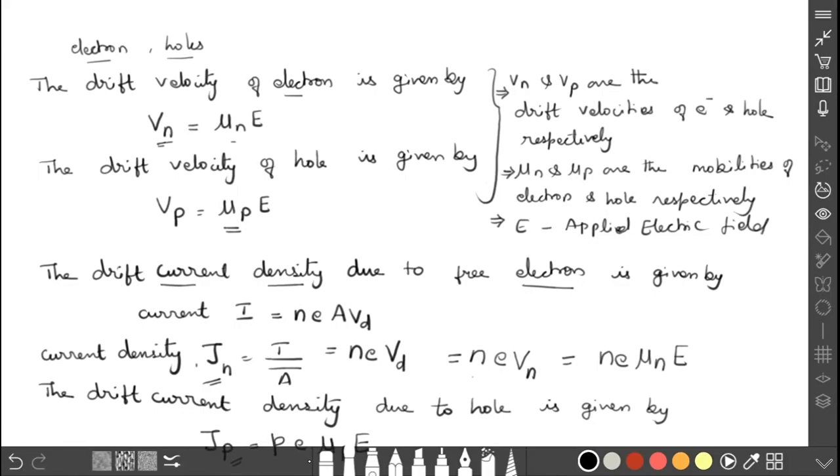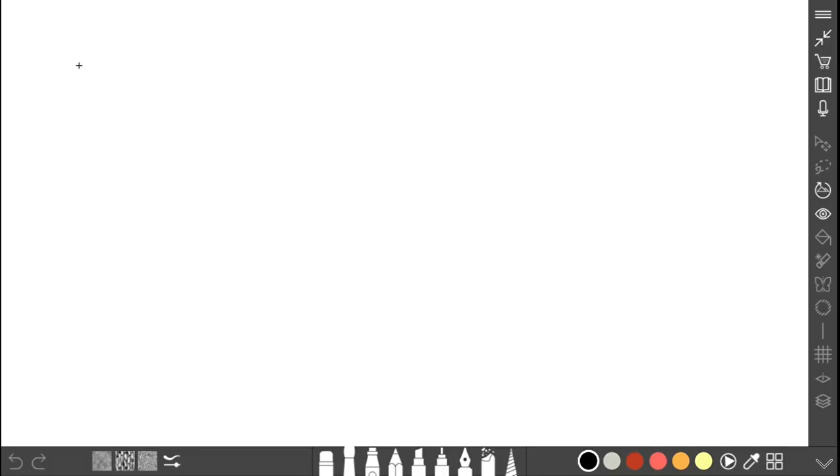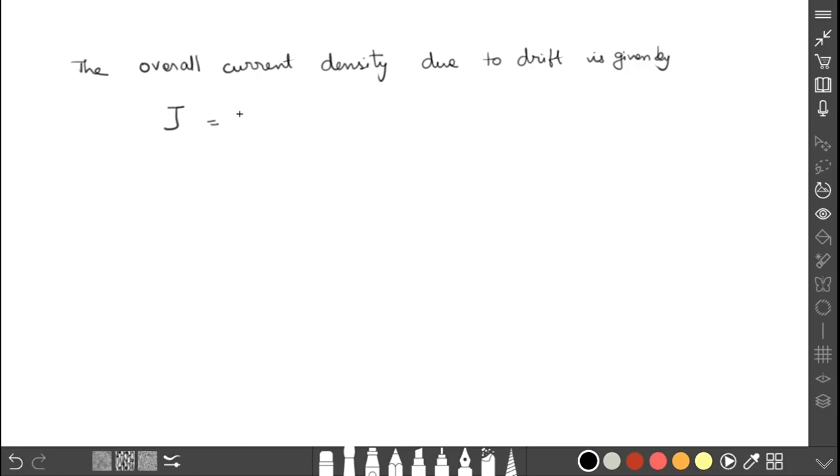So on the next page I am going to write the overall current density due to drift, which is given by J is equal to Jn plus Jp, right?